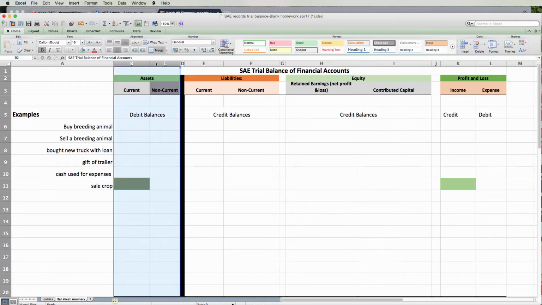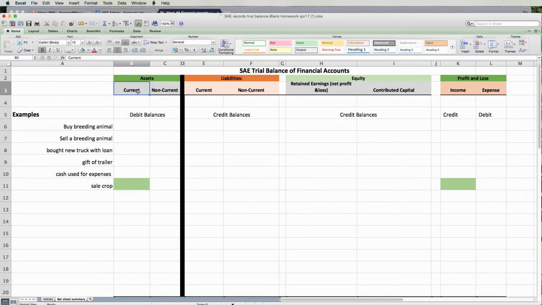So remember, assets are things that we own, and things that we own can be divided into two categories. The first is called a current asset. It's an asset that is easy to convert into cash. In other words, it can be easily made useful within a year or the operating cycle of whatever business.